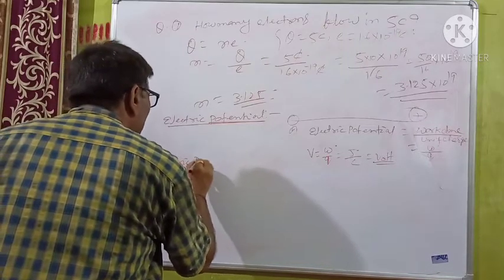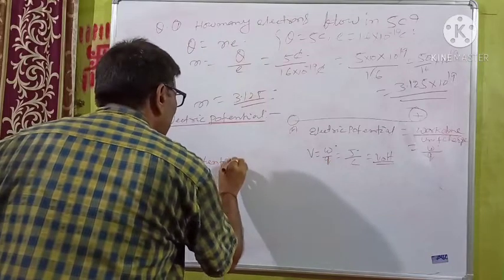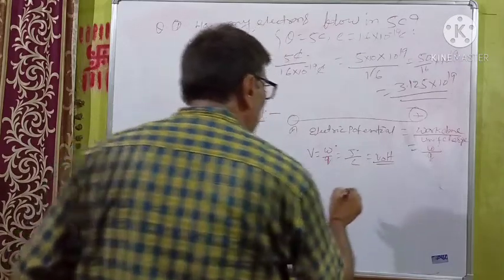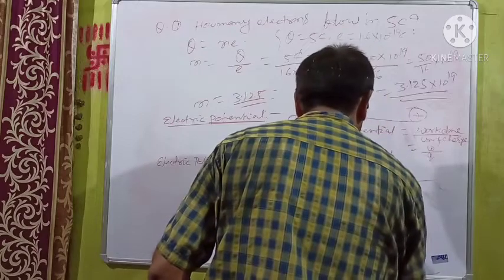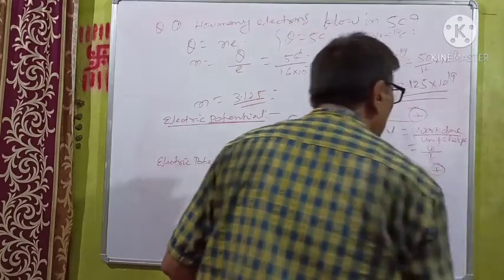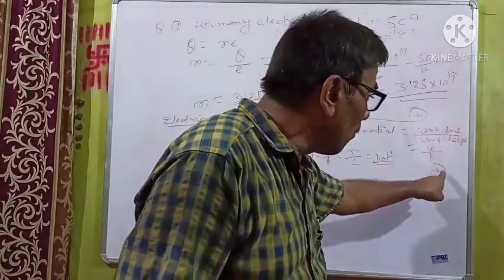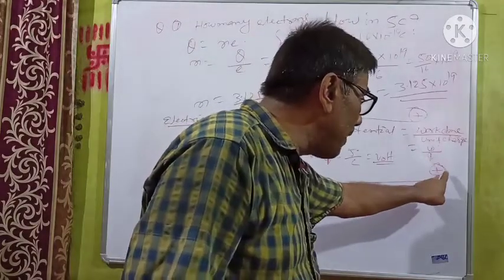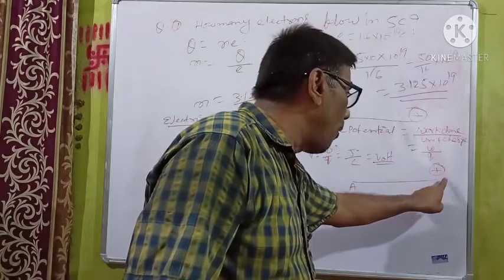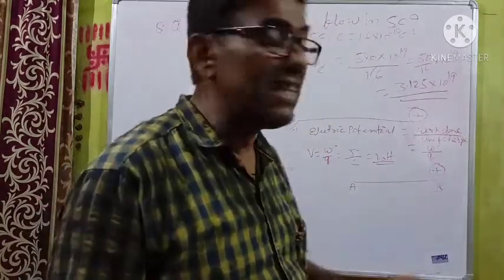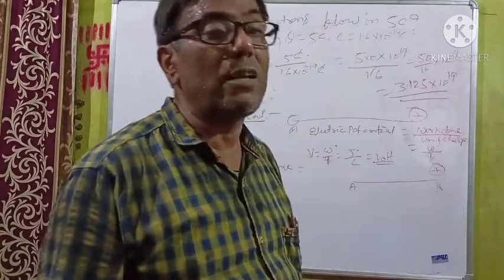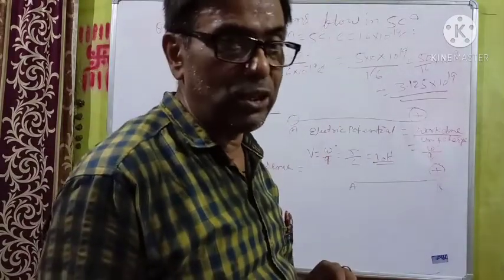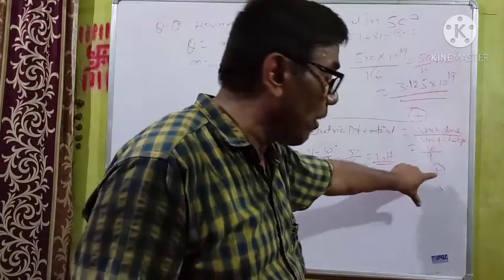Electric potential difference means, suppose these are points A and B, the work done to bring the positive charge from point B to A gives the potential difference between point B and A. So always the charges flow from higher potential to lower potential. So the potential differs between the two points B and A.